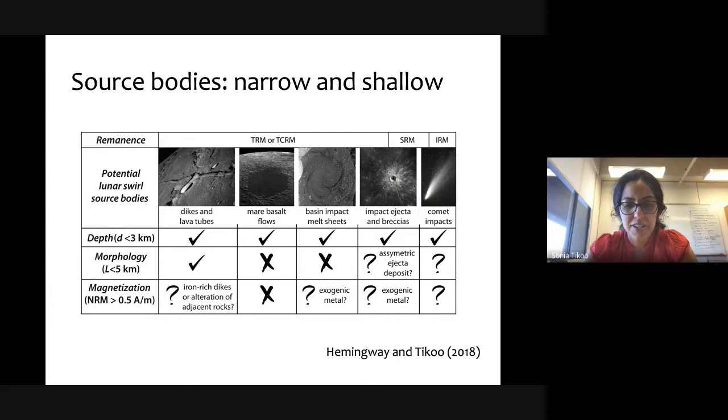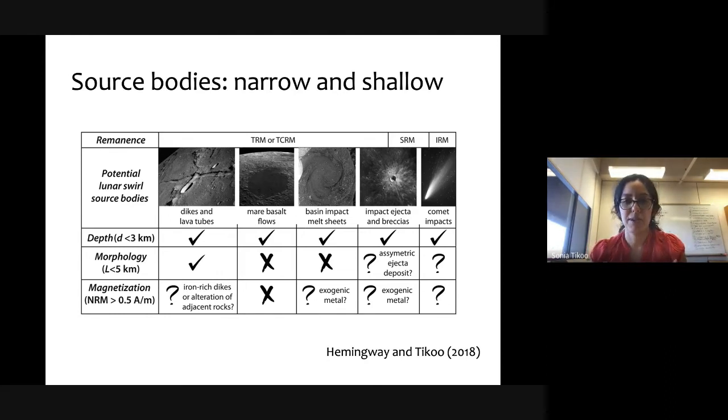And so we wanted to think about what could be the magnetic source body that underlies a lunar swirl. And I wrote a paper with my co-author, Doug Hemingway, where we argued that based on the morphology of lunar swirls, particularly given that the light to dark transition length scale is so small, on the order of single-digit kilometers, lunar swirl source bodies need to be narrow and they need to be shallow in order to produce such sharp field geometry transitions.